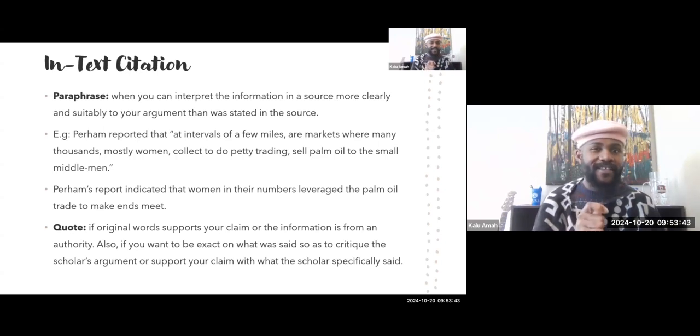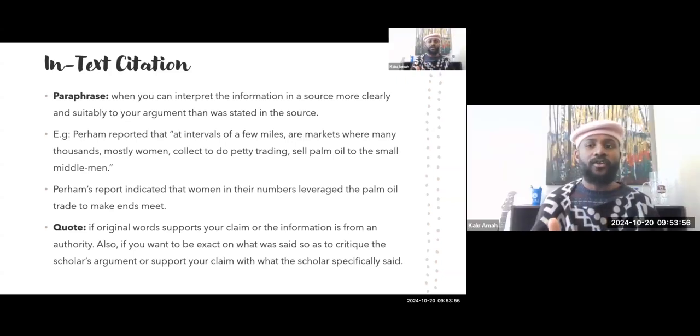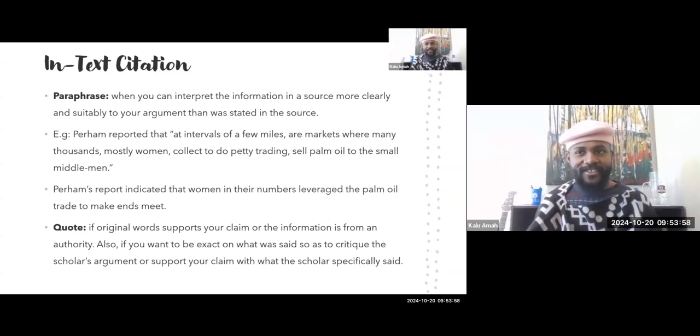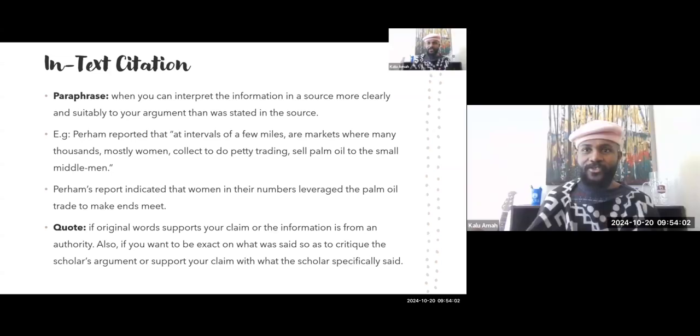I'll read the second sentence again. If you want to be exact on what was said so as to critique the author's argument, go ahead and quote. Because if you want to critique someone and you are paraphrasing them, the person might actually say, okay, your paraphrase is not what I actually said.